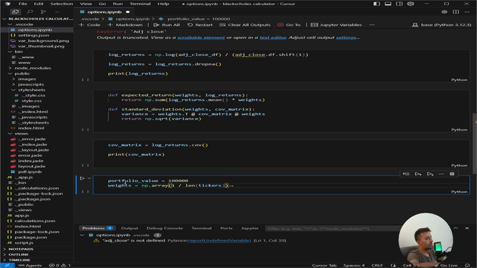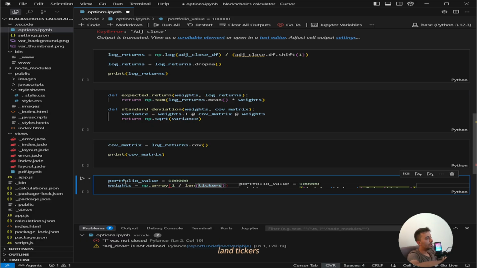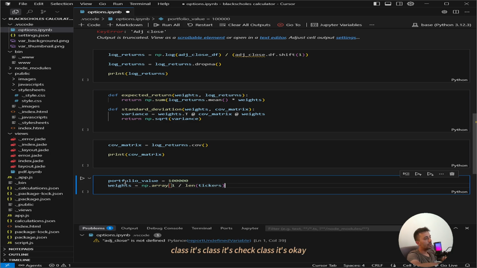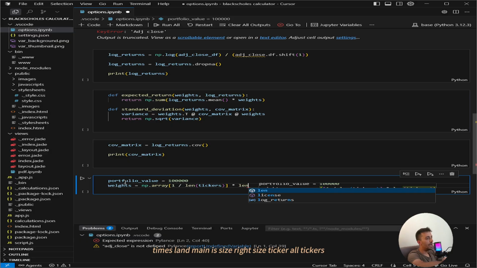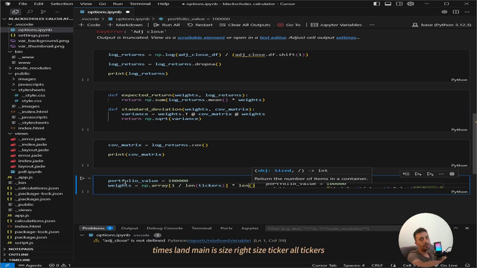Then tickers. np.array, len tickers, plus it's check, np.array tickers times len, main is size, right?